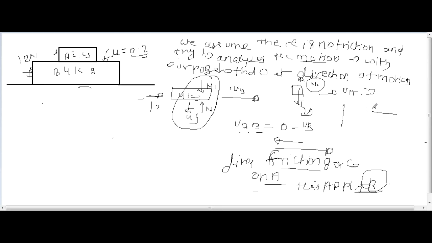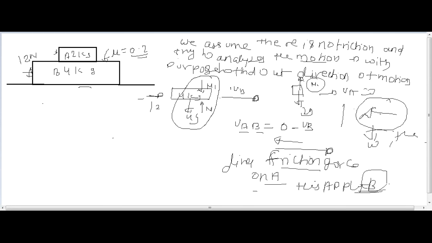Here we found this with the help of Newton's third law.